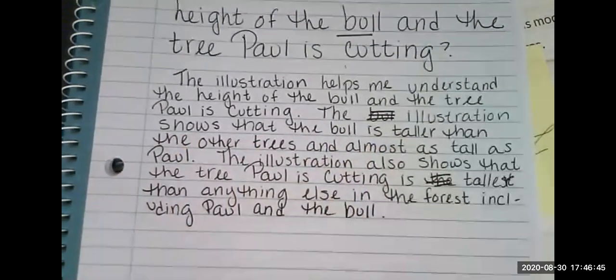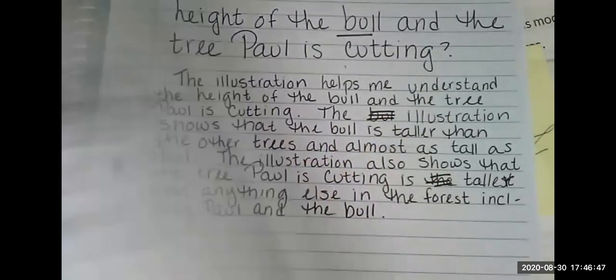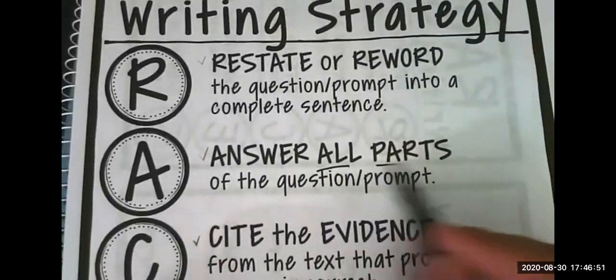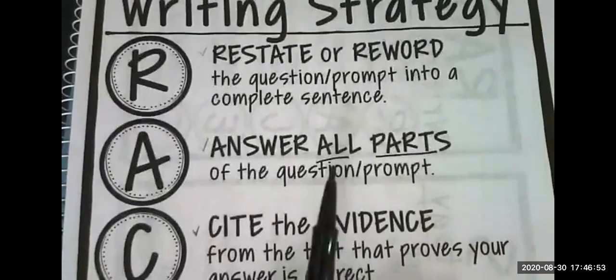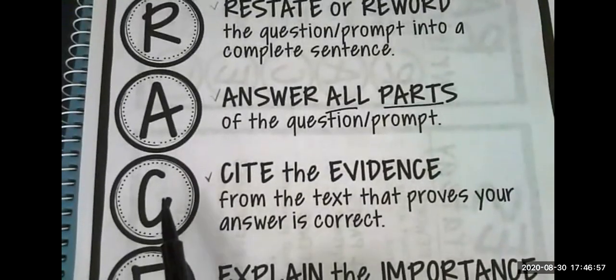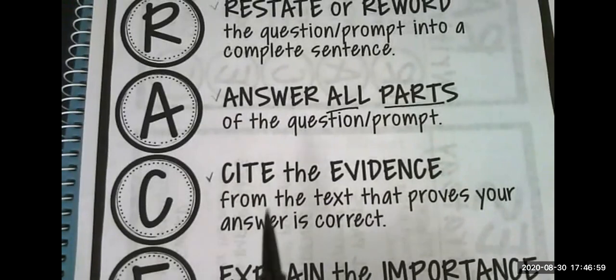Okay, so I restated my answer. I answered all parts, and I think that's the key that we have to remember here. There were two parts to this question. There's no evidence to cite because the question has not asked me to go into the text. It's asked me to look at the illustration, which I've done.